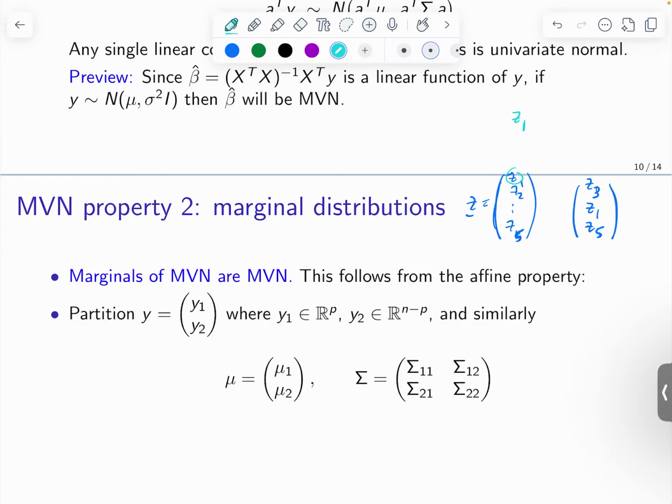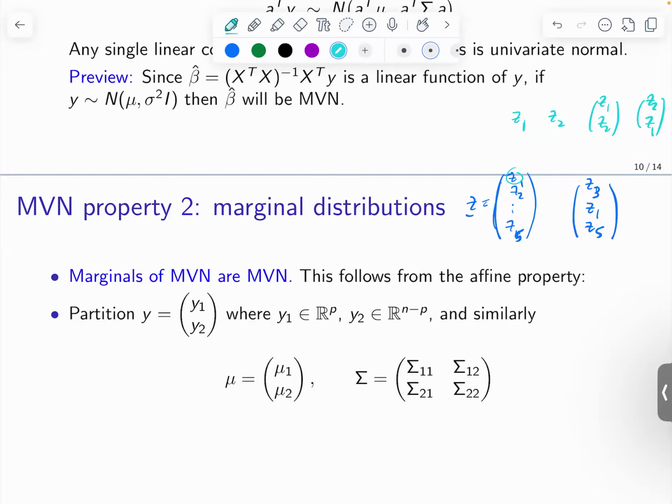The distribution of z2 is a marginal distribution. The distribution of z1, z2 is a marginal distribution. The distribution of z2, z1 is also a marginal distribution. Any subset of the vector's elements in any order we pick, that's what I mean by marginal. So if I have a vector and I pick a subset of the coordinates, that is a new random vector that has a distribution. We call this a marginal of the distribution.